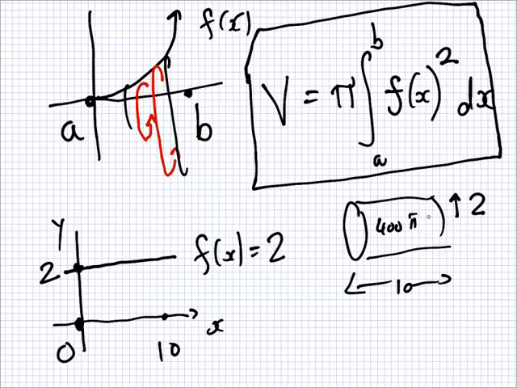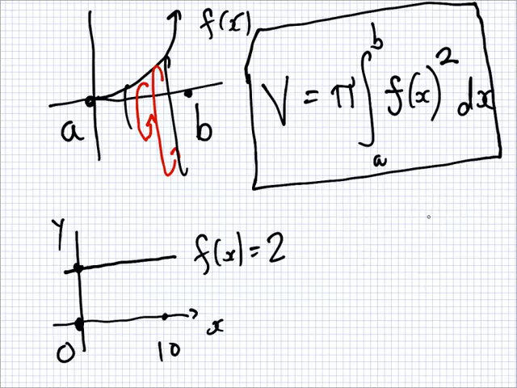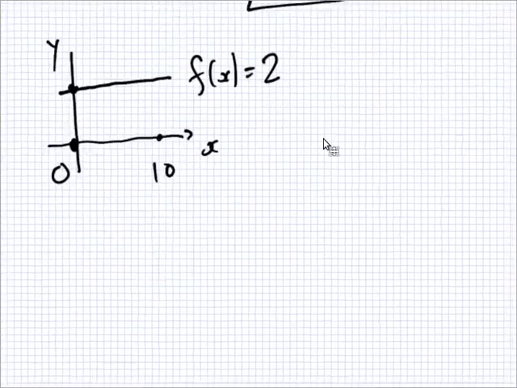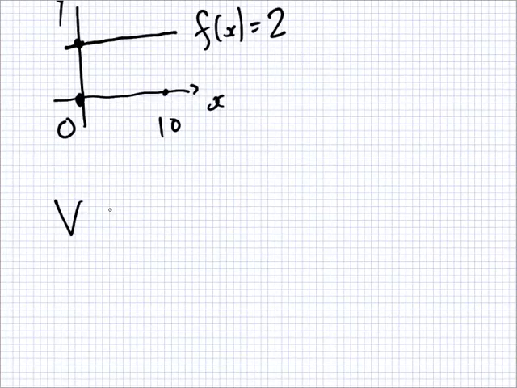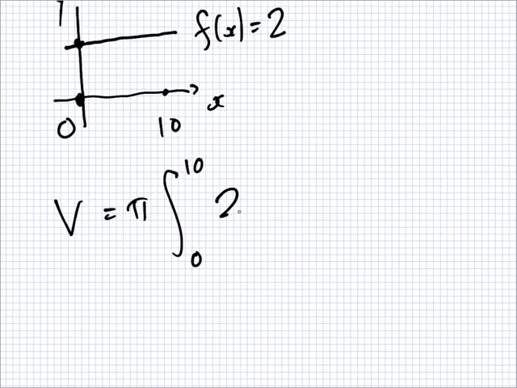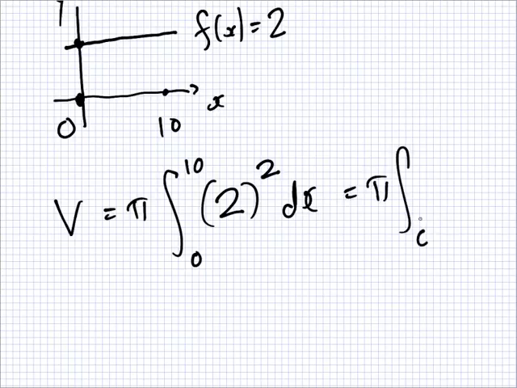So let's use our new formula from today and see if we get 400 pi. Okay, so the formula says the volume will equal pi integrate 0 to 10 2 squared dx. That will equal pi, 0 to 10, 4 dx.